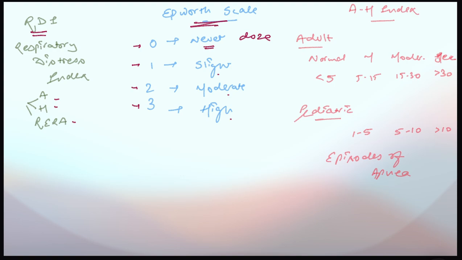For apnea hypopnea index, that is AHI, in adults, normal is less than 5 episodes of apnea, mild is 5 to 15, moderate 15 to 30, and severe is more than 30 episodes of apnea. For pediatric patients, it is given as 1 to 5, 5 to 10, and more than 10.